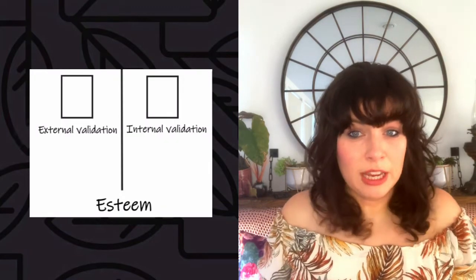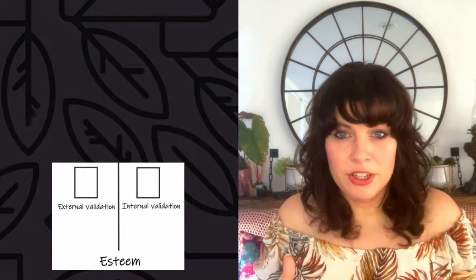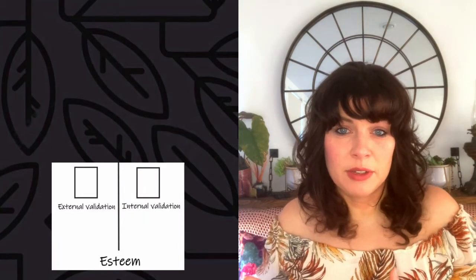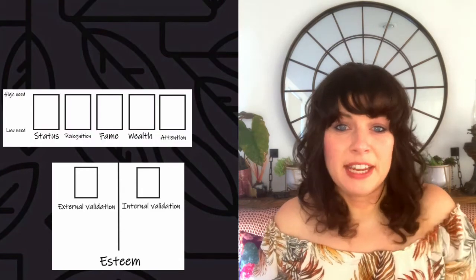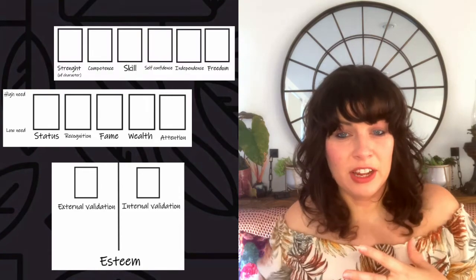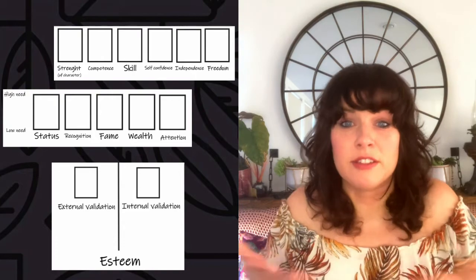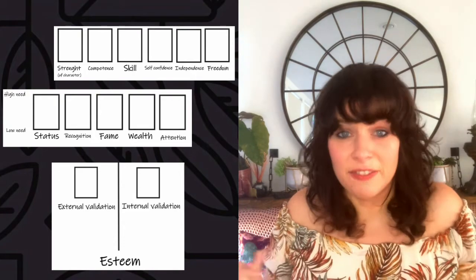This breaks down into two categories: internal validation and external validation, each of which can be further subdivided into dials for external validation of status, recognition, fame, wealth, and attention, and dials of internal validation of strength of their own character, competence, skill mastery, self-confidence, independence, and freedom.